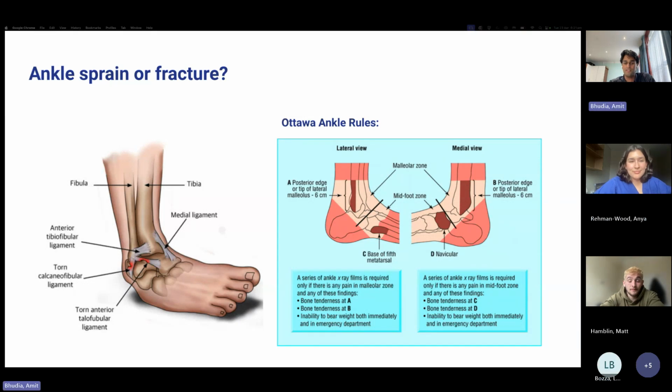Yeah, of course. About this Ottawa ankle, I was told that it requires 2 conditions, so they have to have pain in the malleolar zone, and they need to be either unable to weight bear or elicit tenderness. Is it just that it's one of the 3 instead of 2 of the 3? I was told it the other way, but they might have told me wrong, just checking.